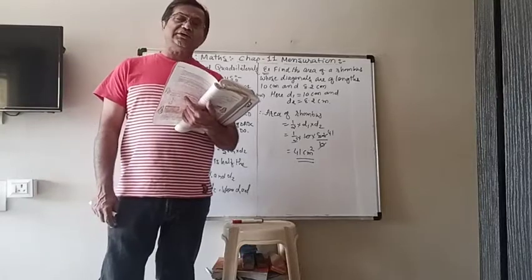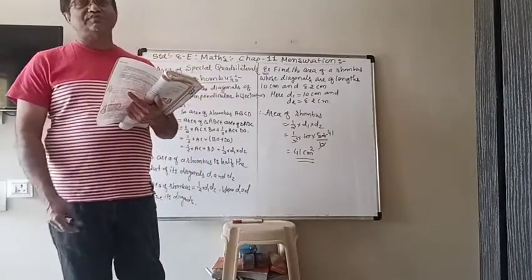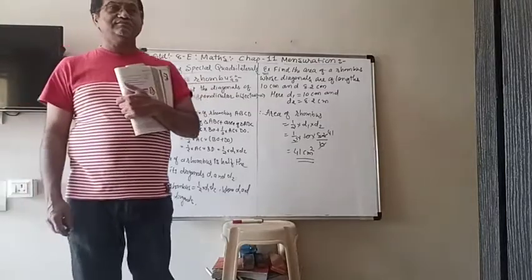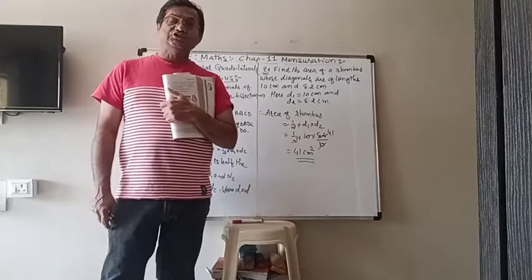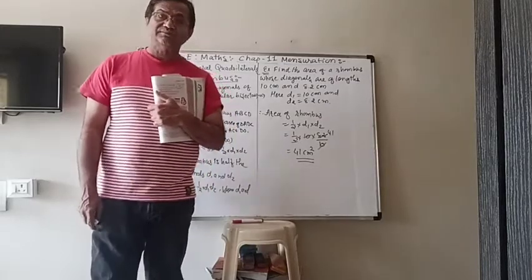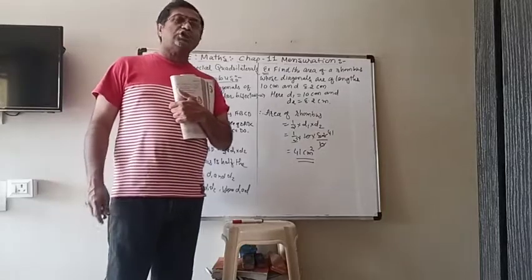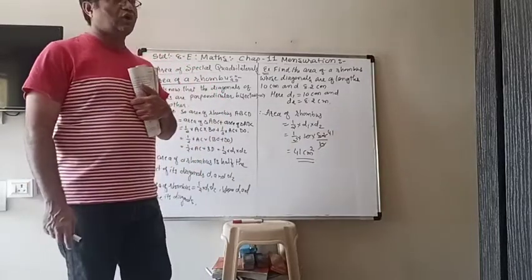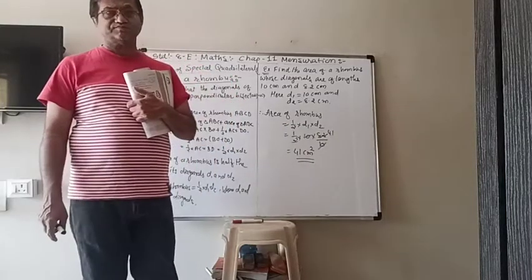And then we saw that a general quadrilateral can be split into two triangles by drawing a diagonal. Then we draw the two heights on the same diagonal from the opposite vertices.